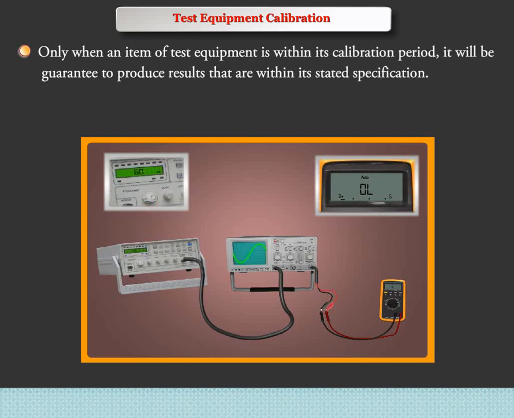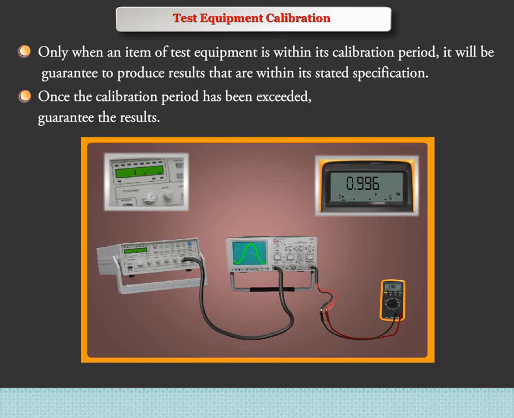Only when an item of test equipment is within its calibration period will it be guaranteed to produce results that are within its stated specification. Once the calibration period has been exceeded, it is not possible to guarantee the results.